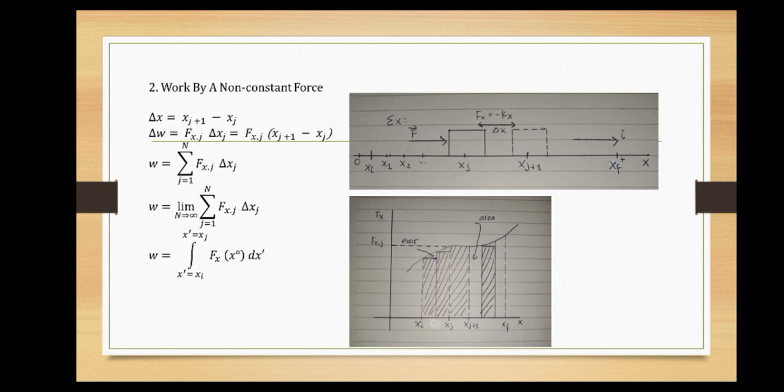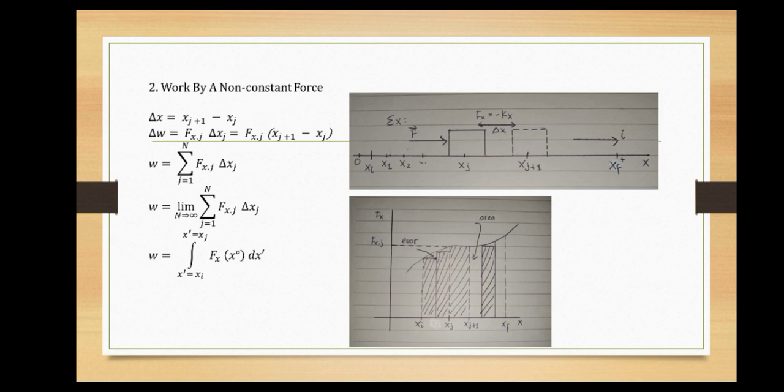Plotting Fx versus x, the force is increasing as a function of x. Here is Fxf. We are going to make a geometric interpretation, considering xj and xj plus 1, and the following here is Fx of j. What we see now is that the work for a constant force can be approximated by the area under the curve only for the small interval between xj and xj plus 1.